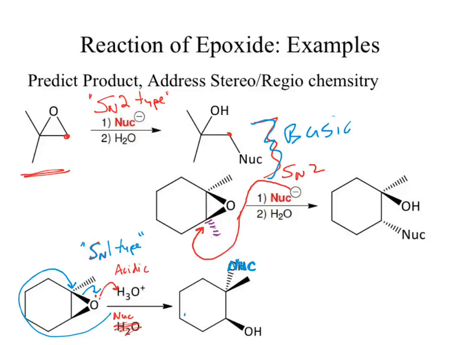They're still on opposite sides. They're still trans. It's still an anti-addition. It's a little bit weird to think of it as an addition reaction, but really it is. We started with an alkene, made it the epoxide, and we still had sort of an alkene, two bonds to an oxygen, and we ended up adding across that.